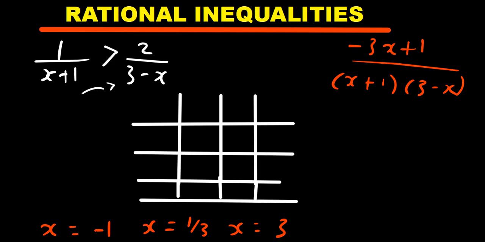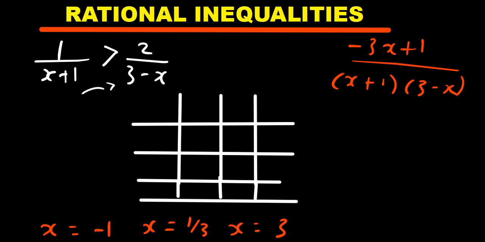So now what are we going to do? The lowest x value that we have, in this case, let's first write the equations. The first equation is negative 3x plus 1, or you can just say 1 minus 3x.